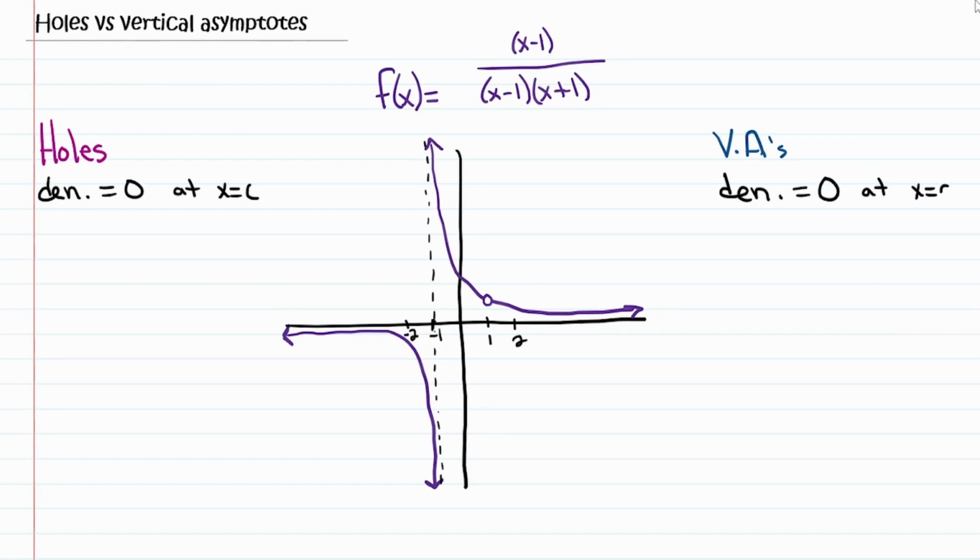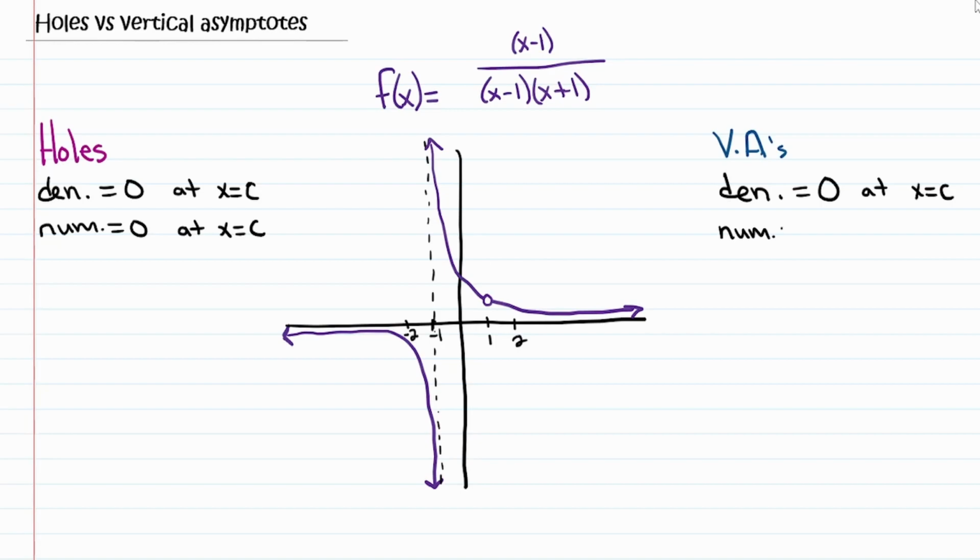The difference between the two then? Well, for holes, they also will have the numerator equal to 0 at that same point, x equals c. And what this means is that when we factor and divide out those factors, they'll actually kind of cancel out. For vertical asymptotes, the numerator has to equal a non-zero number.